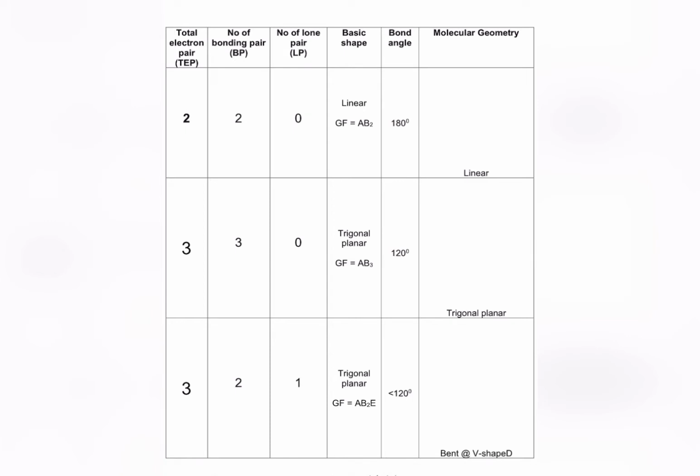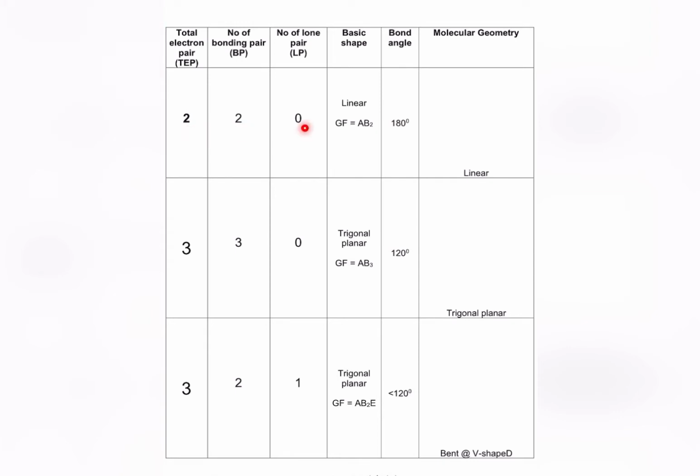So, what will happen now? Kita akan mulakan dengan bilangan electron pair yang paling rendah, which is 2. So, what will happen here? The number of bonding pair akan memainkan peranan yang penting dan bilangan dia akan berkurang apabila awak mempunyai lone pair. So we start with 2 bonding pairs.